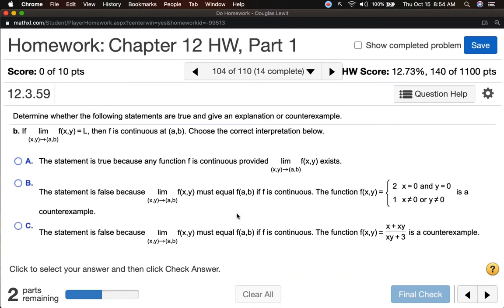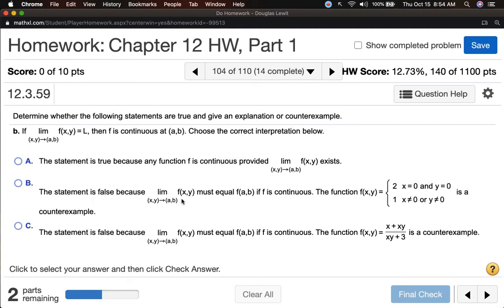This one is a little bit tricky. It's either B or C. Let me turn on my powers of concentration, because the way they're wording the problem is a little weird. So it is continuous.